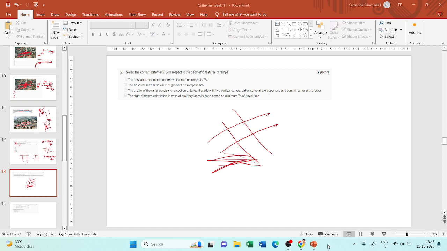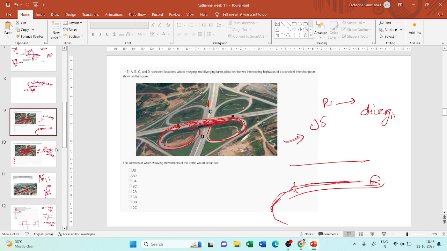Now, before I could say something about these points, we will see something in general about ramps. Okay, so ramps, I told you, they are roads connecting roads at two different levels. Okay, maybe I will take a picture from here.